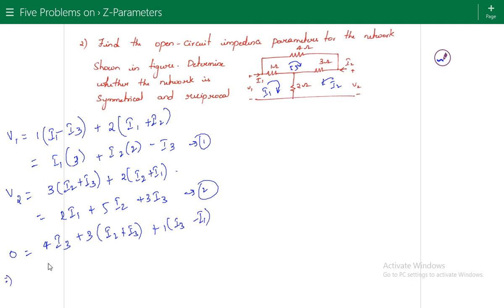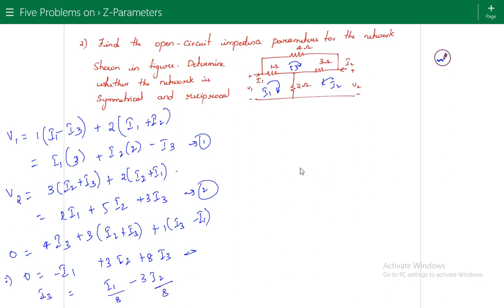So 0 equals minus I1 plus 3I2 plus 8I3. Solving further, I3 equals I1 minus 3I2, divided by 8.